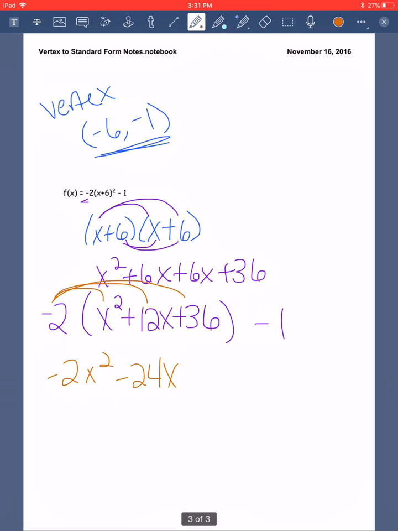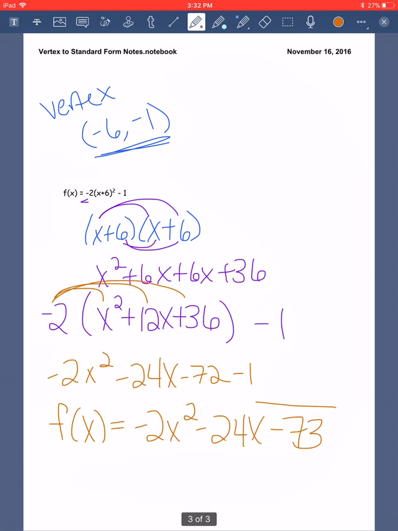And -2 times 36 is -72, and then -1. So my quadratic in standard form is f of x equals -2x squared minus 24x minus 73. And that is it for converting a quadratic from vertex form to standard form.